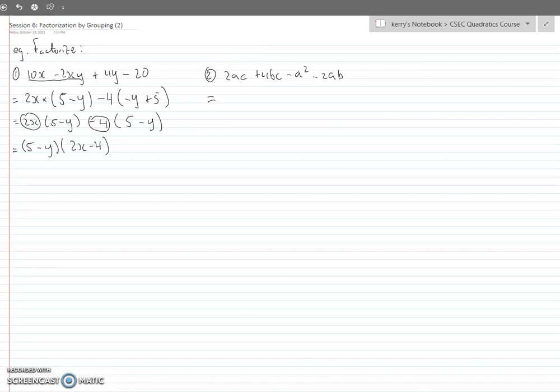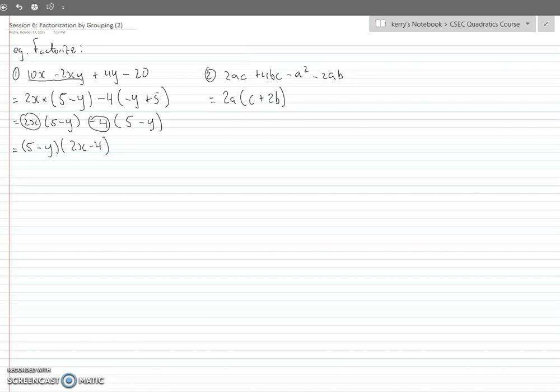Between these two, you have a common term 2 and c. Here you have a common term a, so it should be able to be factorized. So I can take out this 2 and the a. 2ac divided by 2a is c. 4bc divided by 2a is plus 2b. 4 divided by 2 is 2.